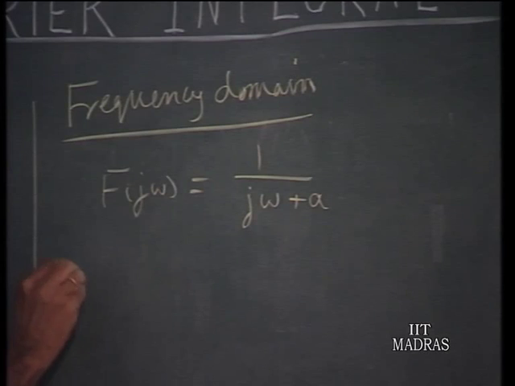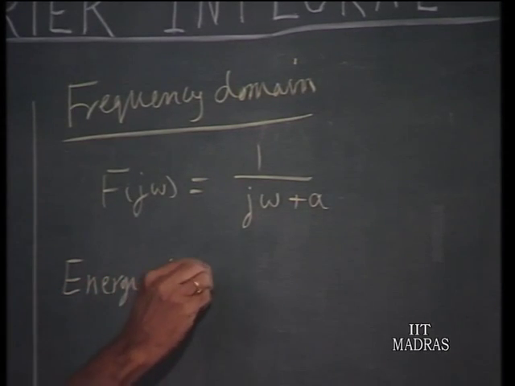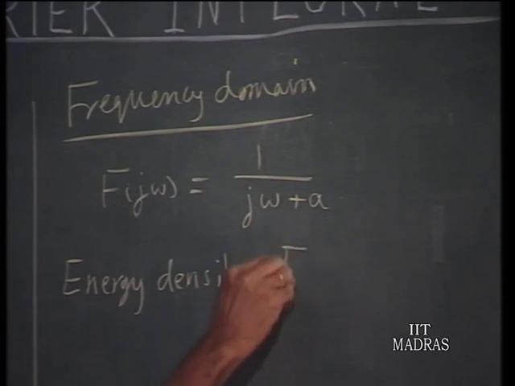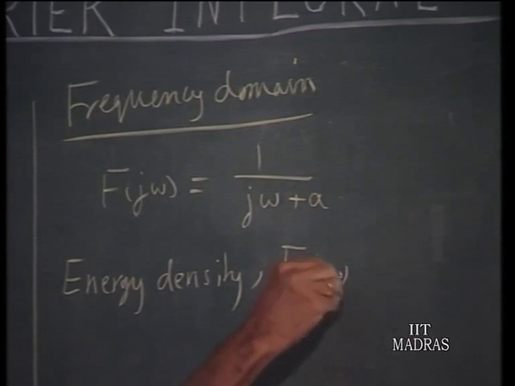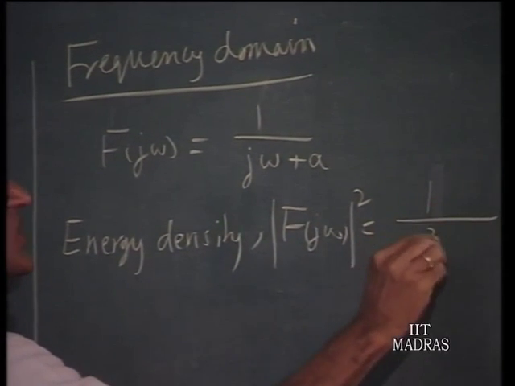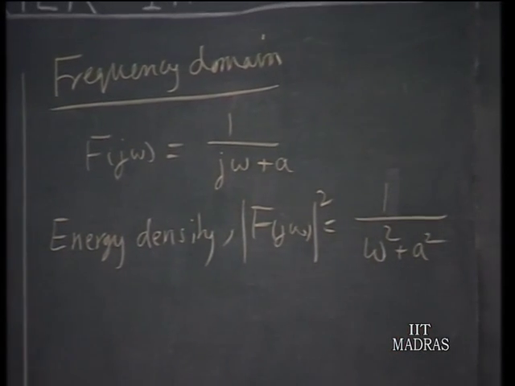Therefore, energy density is f of j omega magnitude squared, which is 1 over omega squared plus a squared, so many joules per cycle per second.